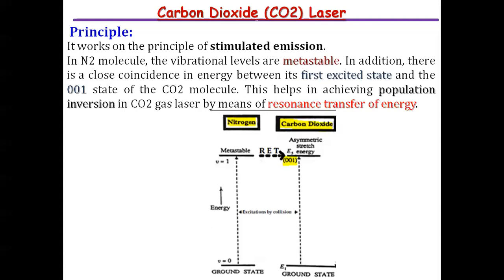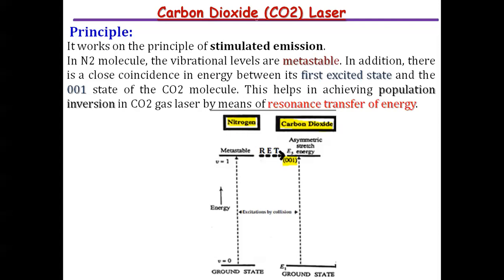Let me explain once again. By using nitrogen molecule, we can provide a metastable state to the carbon dioxide molecule. The electrons, when they hit the nitrogen molecule, excite it, or the speed of the nitrogen molecule will be higher.